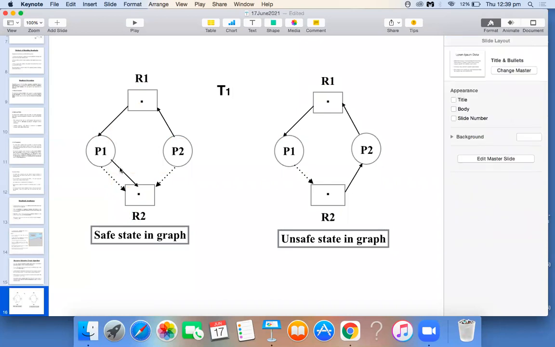Now what edge is it which I have drawn from P1 to R2? Request edge. It is a request edge because when time was T1, the claim edge was converted into a request edge. Now can you see any cycle formation in the graph after converting? There is no cycle formation, correct?